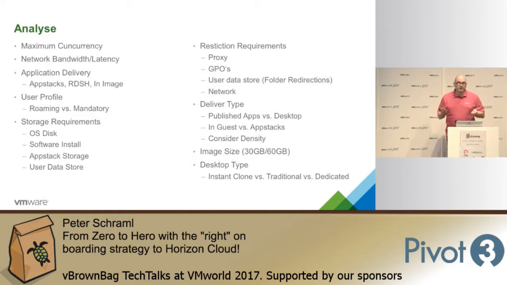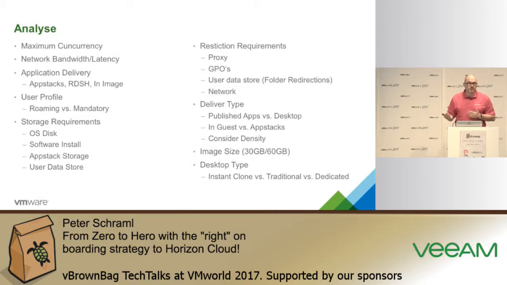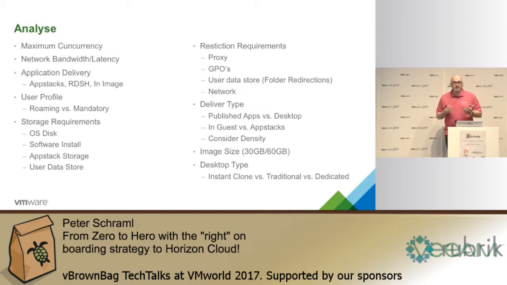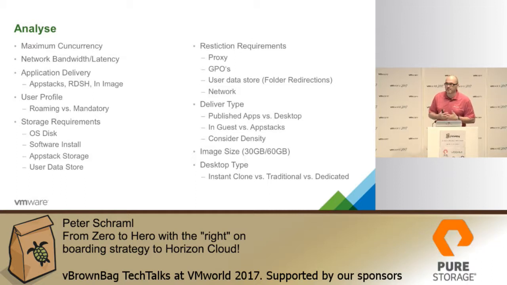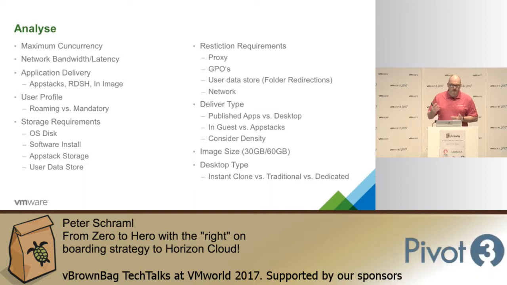Application delivery: you have to think about how you deliver applications. Do you use App Volumes? Do you use RDSH? Do you install them in the image? User profile: what is the maximum satisfaction rate for the end user? What profile do you use? We typically recommend a mandatory profile with a combination of User Environment Management and folder redirection.